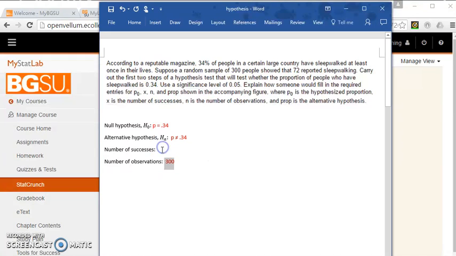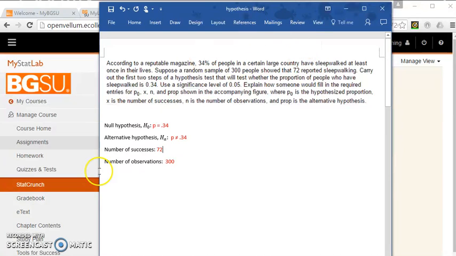And then next thing we're going to find out is the number of successes. Of that 300 people, 72 of them reported sleepwalking. So the number of successes would just be the number of people who reported sleepwalking. That's going to be 72. And that's all you need to know to use StatCrunch and run the hypothesis test.